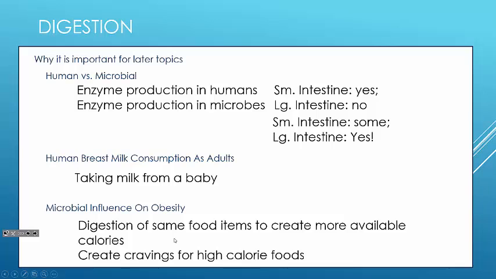That's going to influence fat deposition or obesity. The other set of microbes cannot break down high carbohydrate foods, but they do like simple carbohydrate foods. And so they can create cravings for these high calorie foods that both those microbes and we can get a large number of calories from.